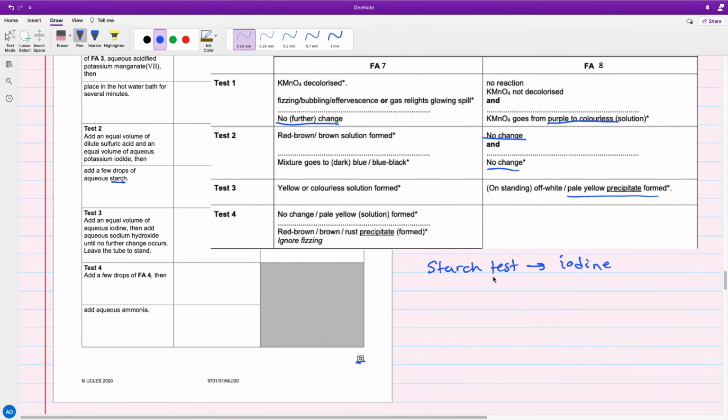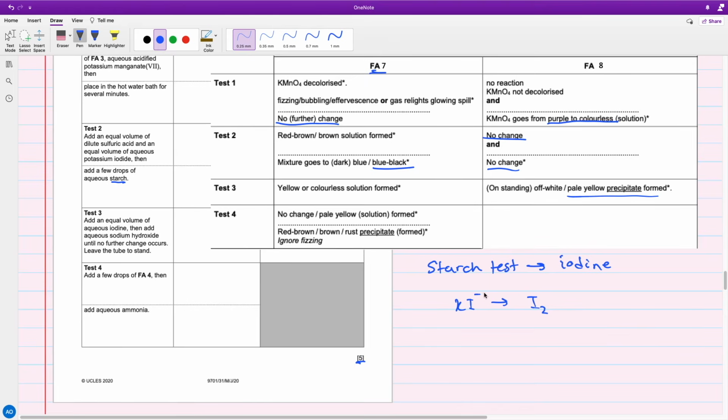Iodine can test for the presence of starch as well, right? If either one is present in the same tube, you'll end up getting a blue-black or a dark blue color. So had we go from potassium iodide to iodine, this equation is definitely not balanced, but I'm just trying to explain to you guys. That would definitely be because of the FA7, hence why it's an oxidizing agent.